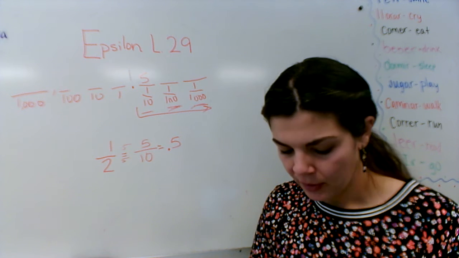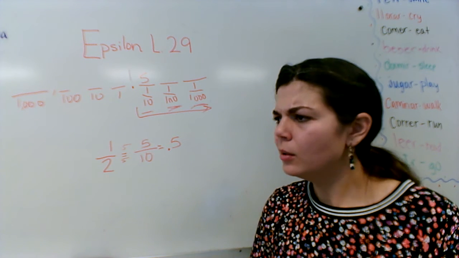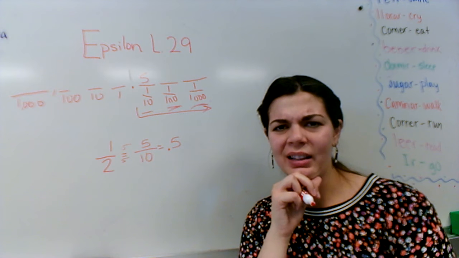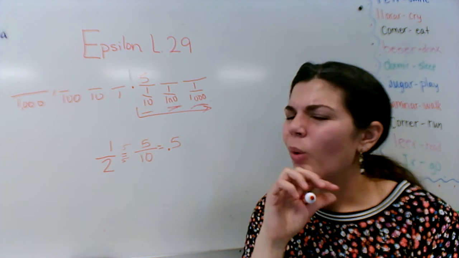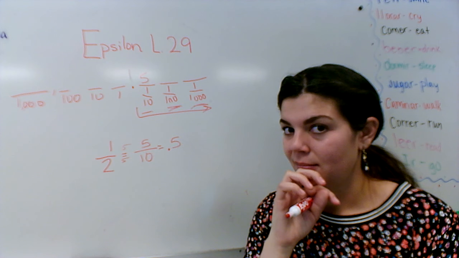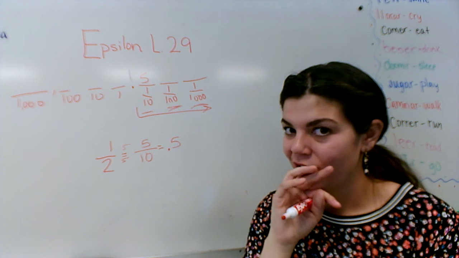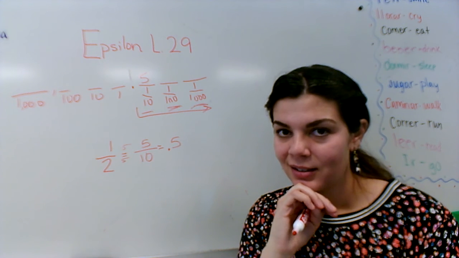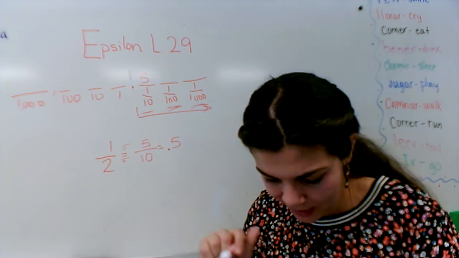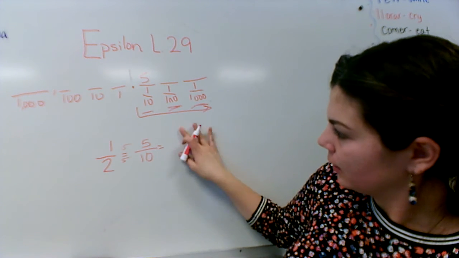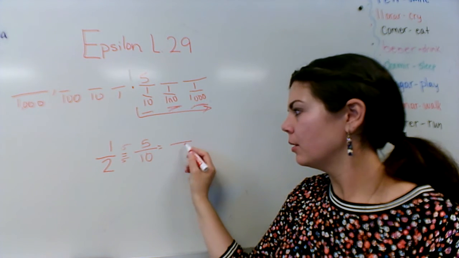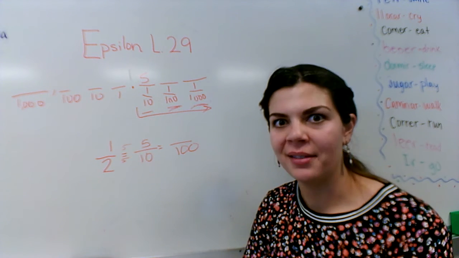I'm just doing the same thing. Now, what if I said instead, actually, I needed to go into the hundredths place. I need to make a percentage out of this. What do I need to do to put it into the hundredths place? Now I want my tenths to become hundredths.